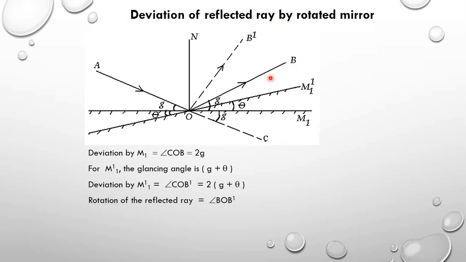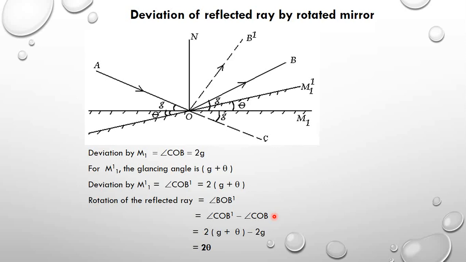When we subtract the two, we shall be able to get BOB prime. Now COB prime is given by twice (G plus theta). So we shall get twice (G plus theta) minus 2G, which is the COB. And when we subtract that, we shall get 2 theta, which implies that the deviation of the reflected ray by a rotated mirror is twice the angle of rotation.